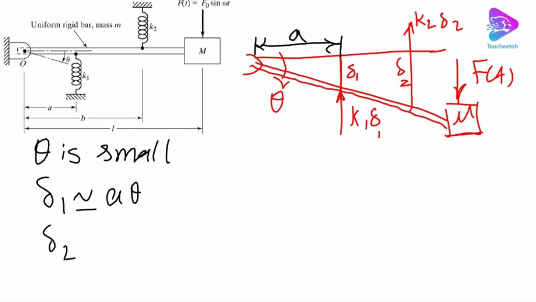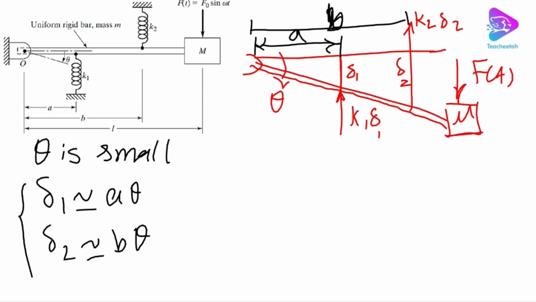Same thing for delta 2. We can suppose that it is equal to this distance B, so delta 2 is equal to B theta. Again, it is B tan theta or sine theta, whatever, but we know for small angles theta is nearly equal to sine theta and tan theta. So these are the two assumptions we have.